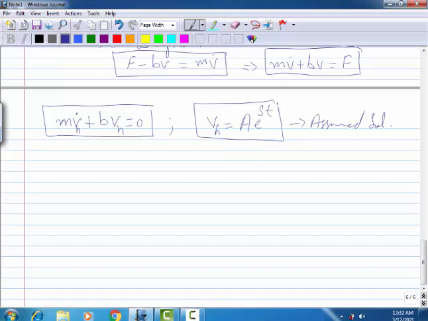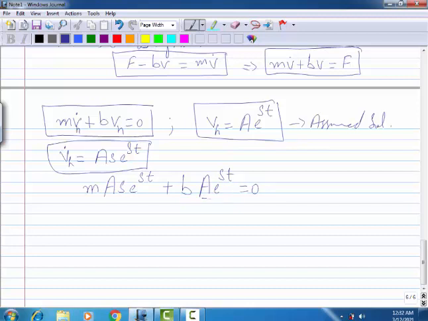Now I need a derivative, so v dot becomes A s e to the st. If I put these two in this equation, m v dot becomes m A s e to the st, plus b times A e to the st is equal to 0.